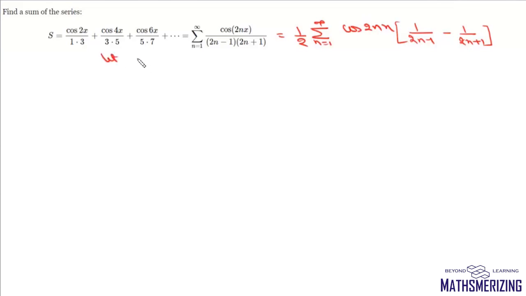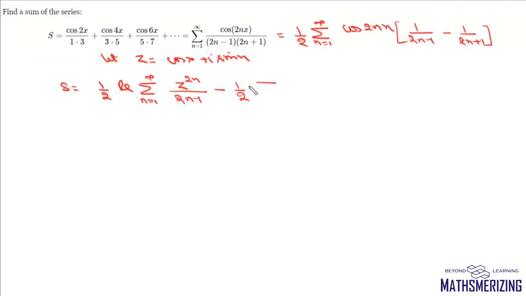If we consider z as cos x plus iota sin x, then we can write this series S as 1 by 2 into the real part of the series summation n varies from 1 to infinity z to the power 2n upon 2n minus 1, and then minus 1 by 2 real part of summation n varies from 1 to infinity z to the power 2n upon 2n plus 1.